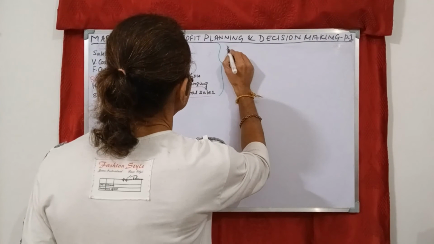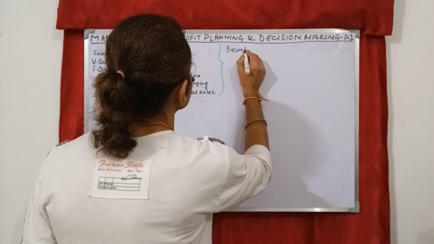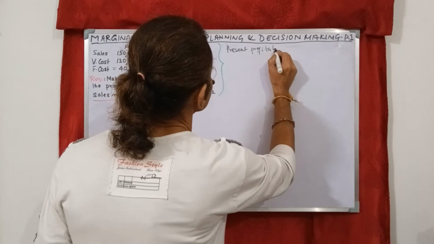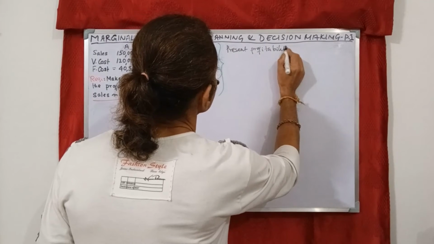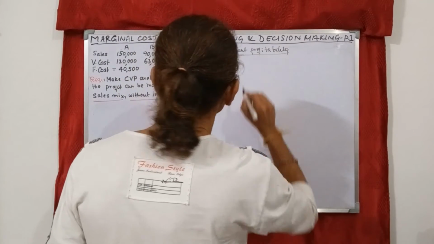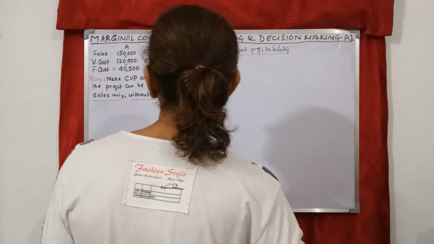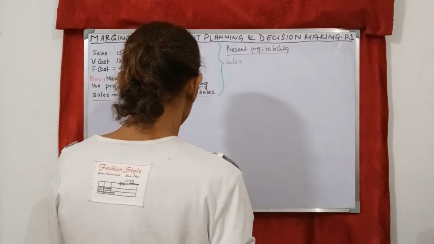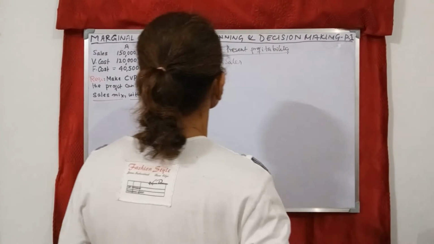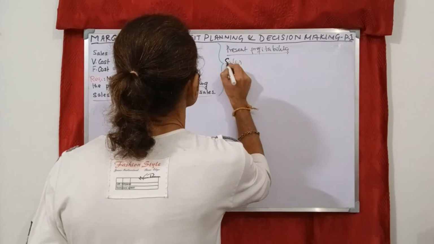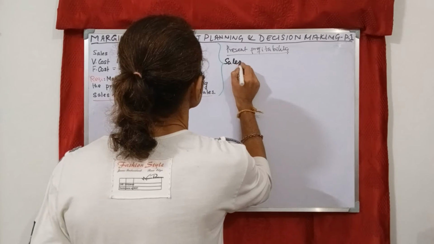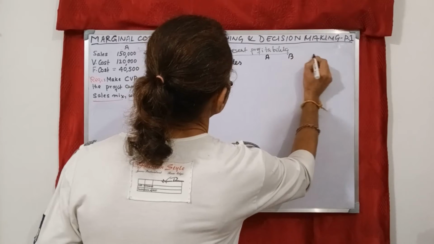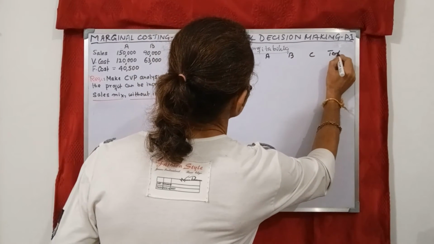This is present profitability. That is the profitability before changing any sales mix. A, B, C and here it is total.